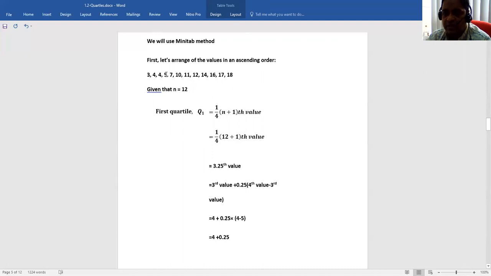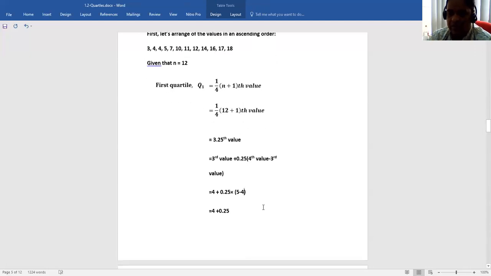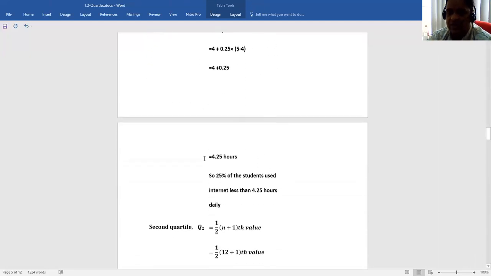The fourth value, I think, is 5, so I have to change it. The fourth value will be 5, and here is the 4. If you do the calculation, we'll get 4.25 hours.